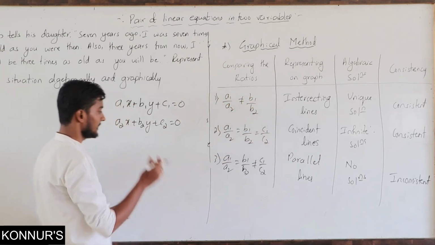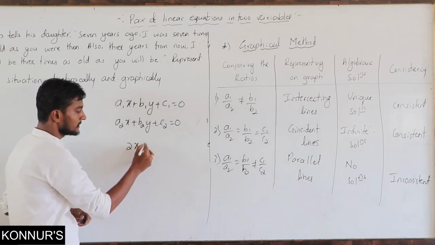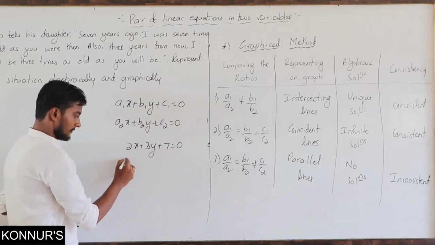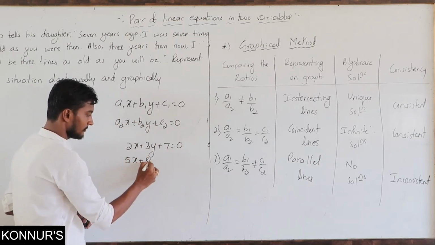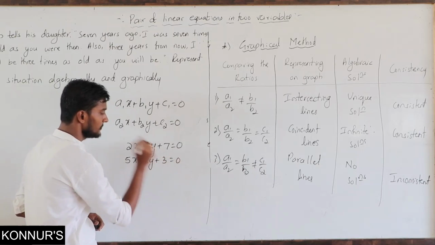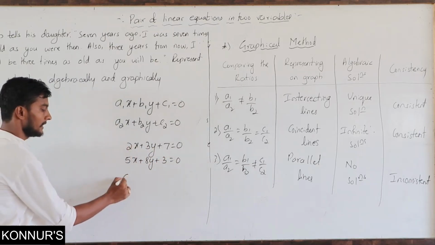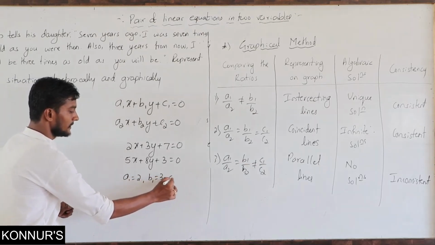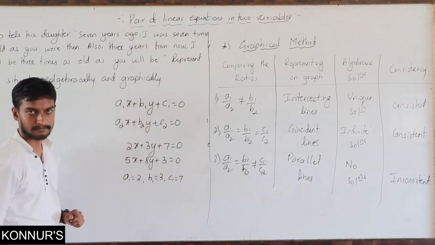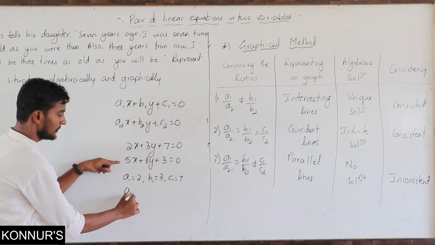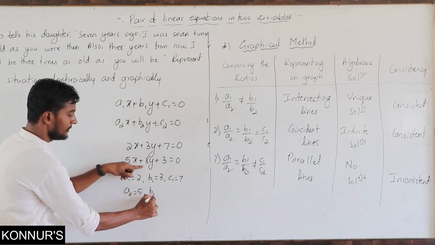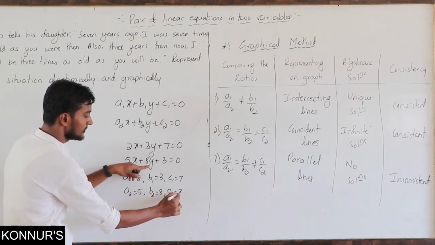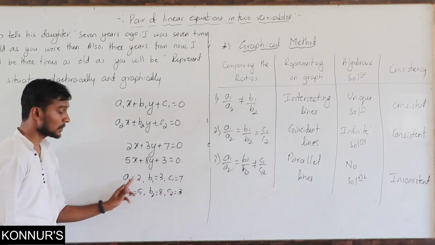For example, take 2x plus 3y plus 7 is equal to 0, and 5x plus 8y plus 3 is equal to 0. Here a1 is equal to 2, b1 is equal to 3, c1 is equal to 7, and a2 is equal to 5, b2 is equal to 8, c2 is equal to 3. These are the coefficients.